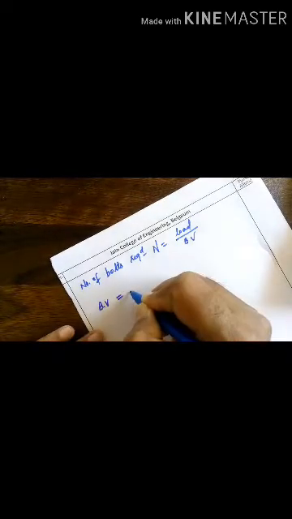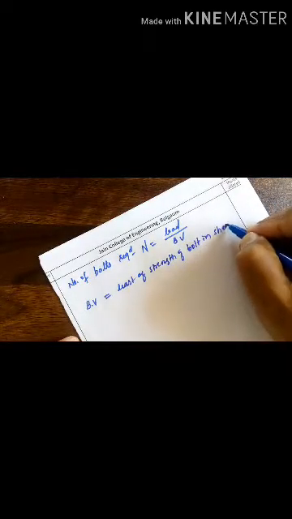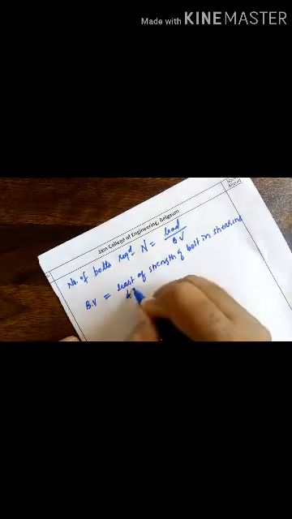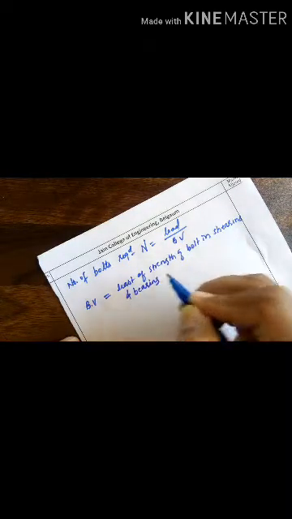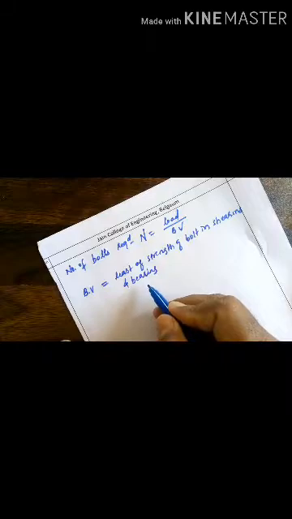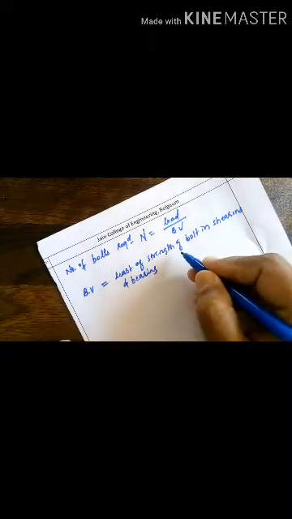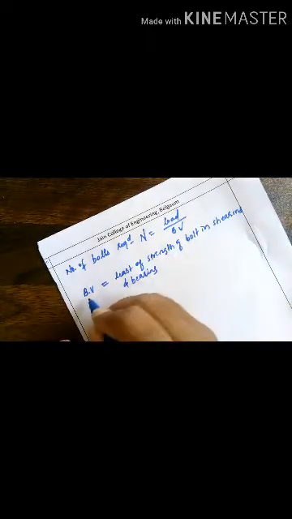Bolt value will be the least of the strength of bolt in shearing and bearing. You have to calculate shearing strength and bearing strength, because the bolts given here are ordinary bolts of property class 4.6. So the least strength of bolt in shearing and bearing will be the bolt value.